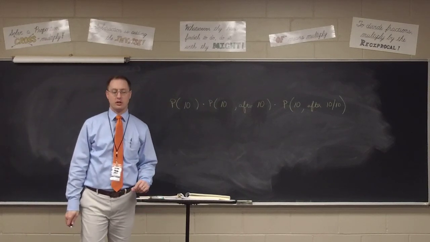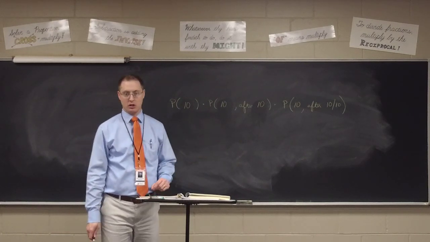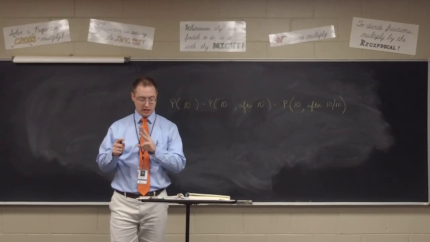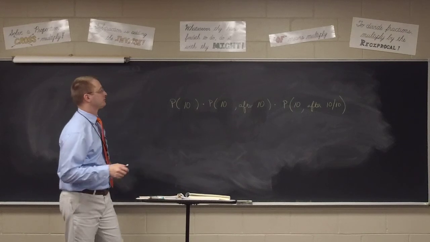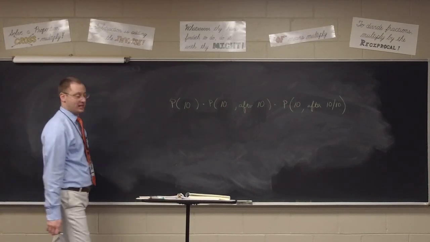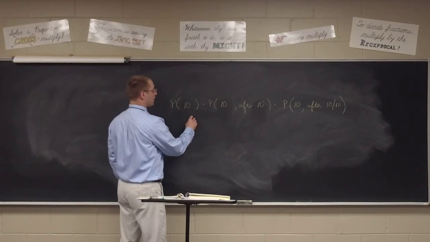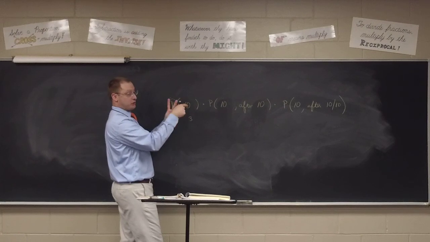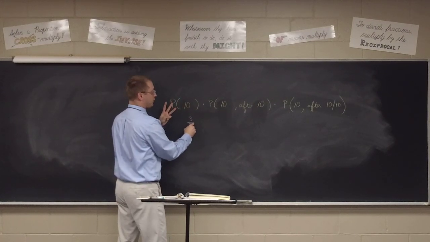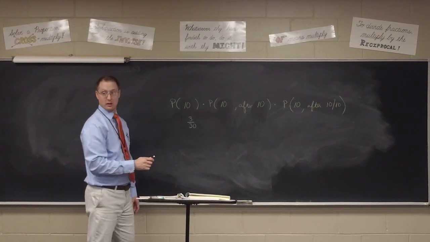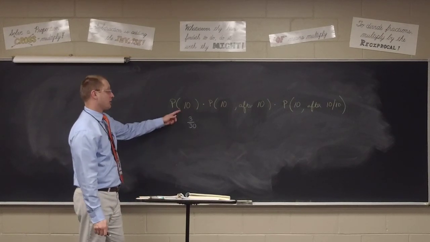How many 10s are in the deck, class? 3. A red 10, a blue 10, and a yellow 10. So Joshua, what's the probability of the first 10? It's one card out of 3 possible cards, any one of the 3 colors of 10 out of 30 total. 3 to 30, or 1 to 10.